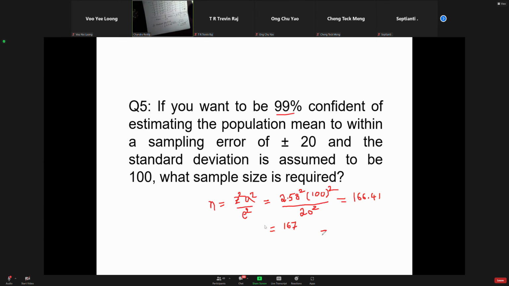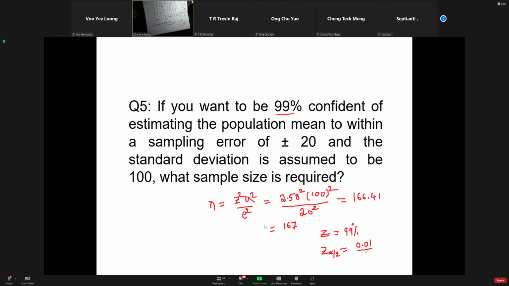So when Z is 99%, when you're looking at Z of alpha over 2, here the remaining is 0.01, right? 1% corresponds to 0.01.